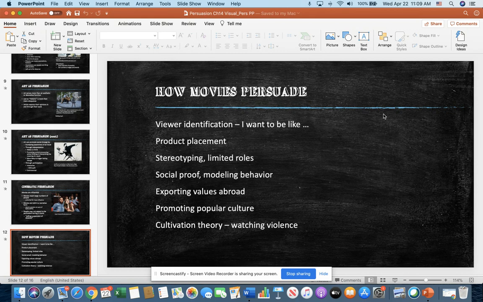Product placement. Have you noticed in movies that quite often there will be a Coca-Cola product or a MacBook? I noticed in the Hallmark movies that when a phone rings, it is always the iPhone ring.